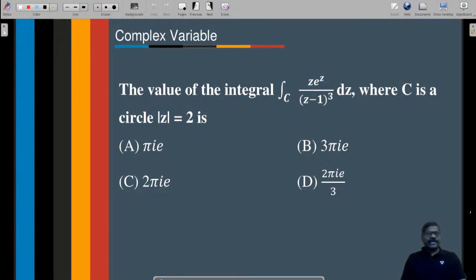The value of the integral of z into e power z by z minus 1 whole cube, where C is mod z equal to 2.